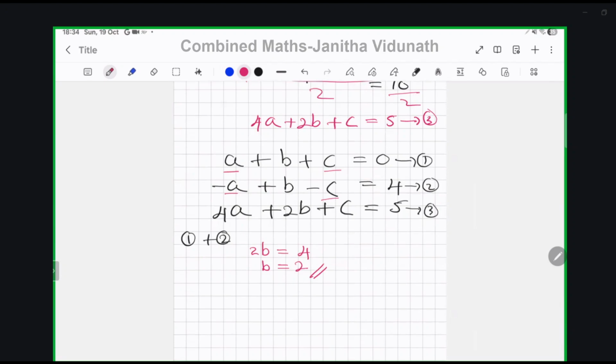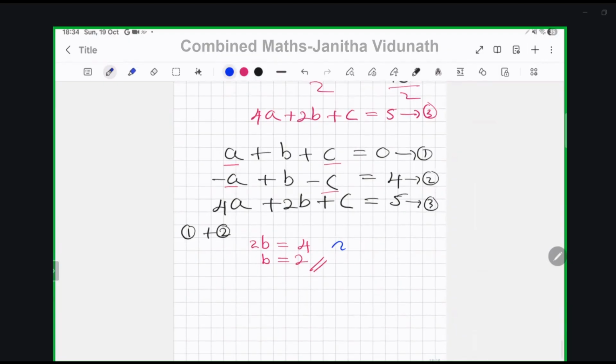Now we need to find A and C. If we substitute this B value into equation 1, we will get A plus 2 plus C equal to 0. That means A plus C equal to minus 2.